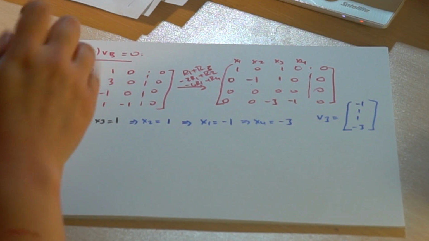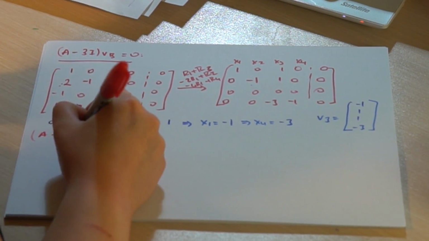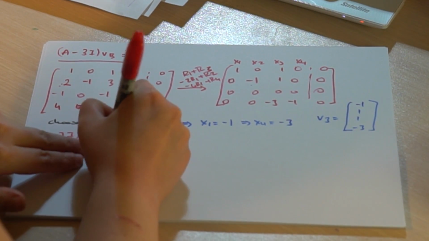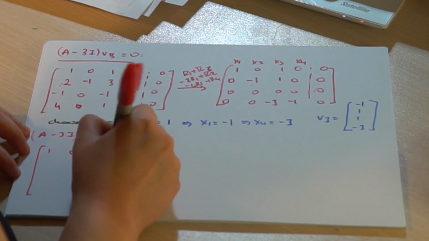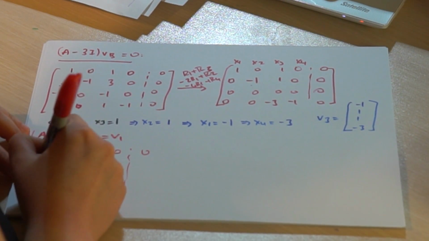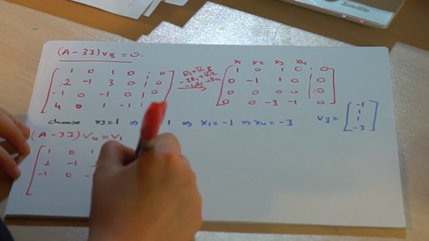Now we need to solve the system A minus 3I times v4 is equal to v1. So I need to solve this one 0 1 0, and this one 3 0. This is again the same matrix.